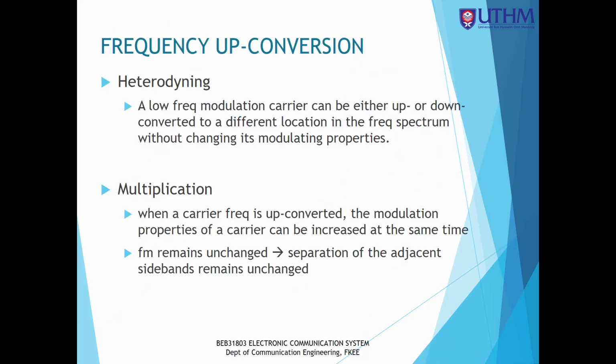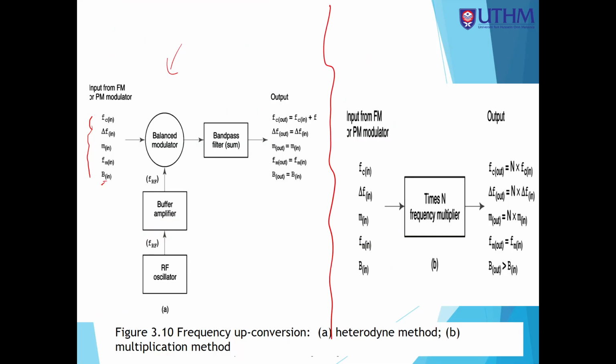We put this after the narrowband phase modulator. We put another balance modulator. Over here is from the narrowband FM. We put in another balance modulator to produce the up conversion in frequencies. So what happens in the balance modulator?